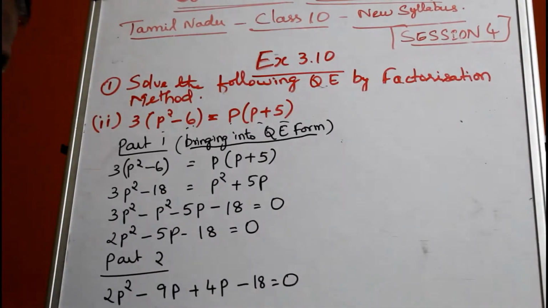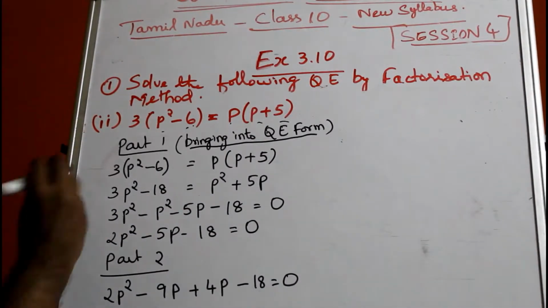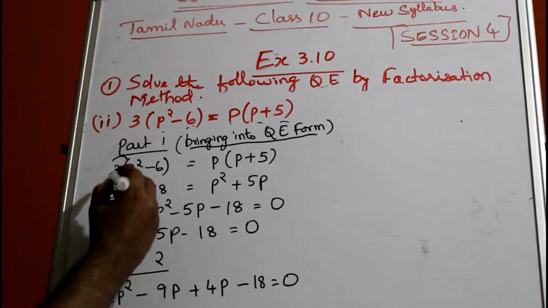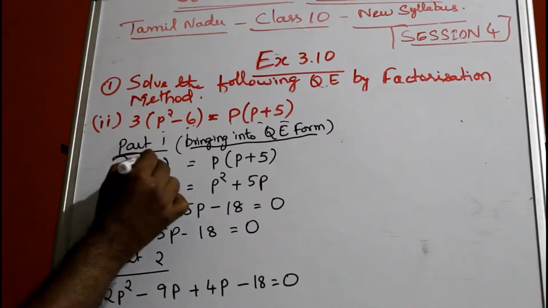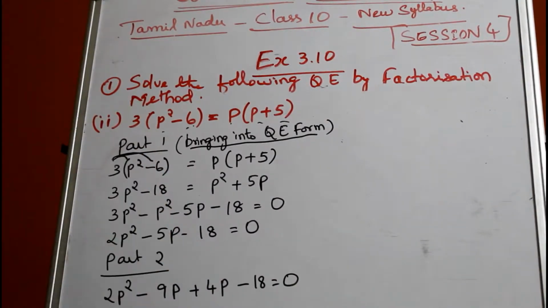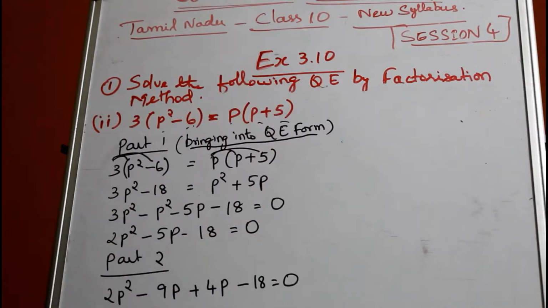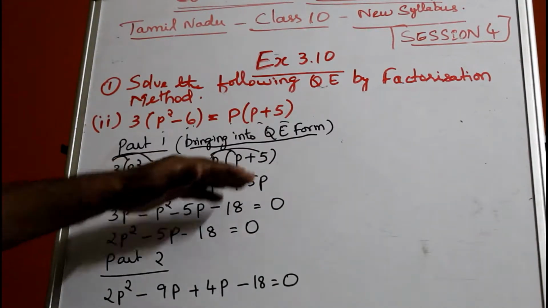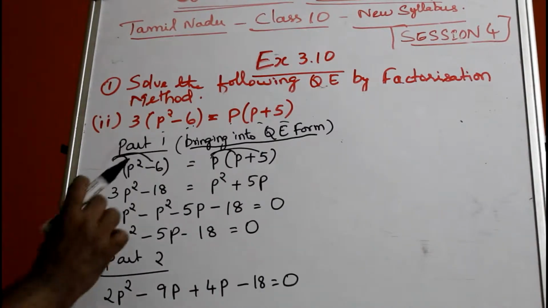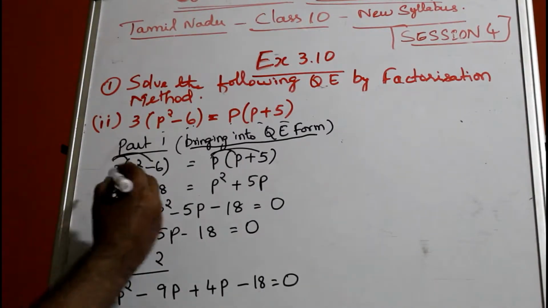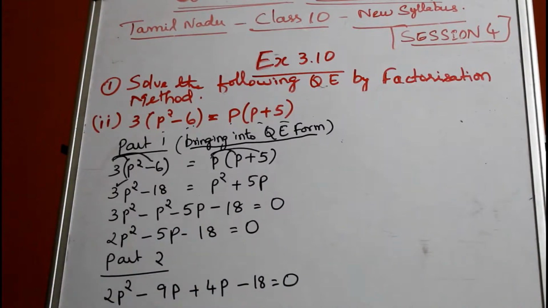Now look here. You have to expand. So 3 into p square is what? 3p square. 3 into minus 6 is minus 18. P into p is what? P square, and p into 5 is 5p. So first you have to expand this and then you must write the p square terms. 3p square is already in the left hand side.